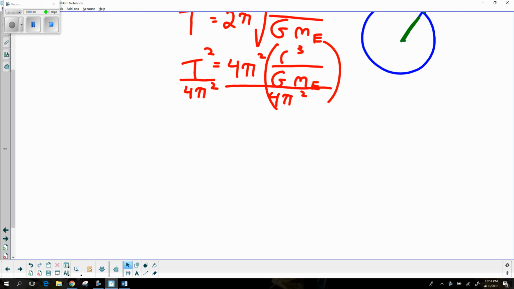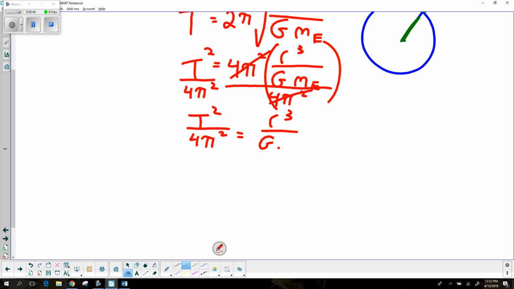And when I do that, 4 pi squared cancels out. And then I can times both sides by G, mass of the Earth. And then I cube root it.